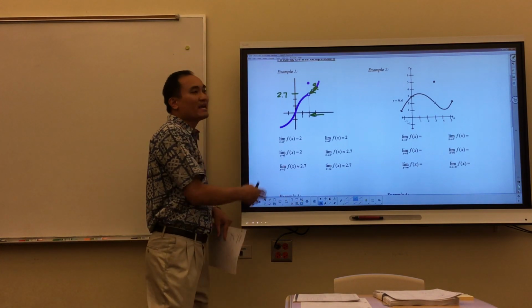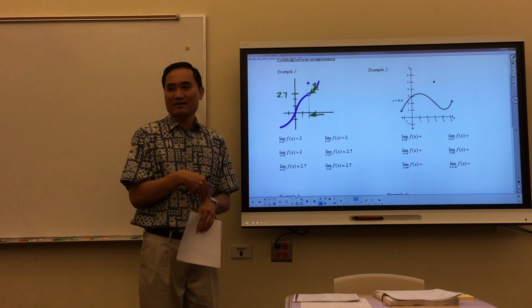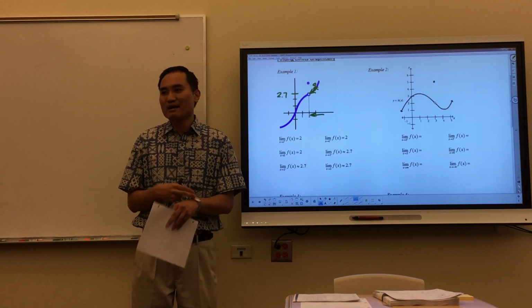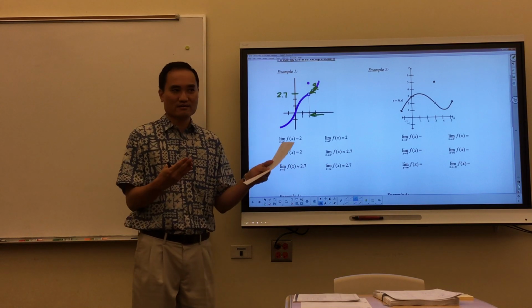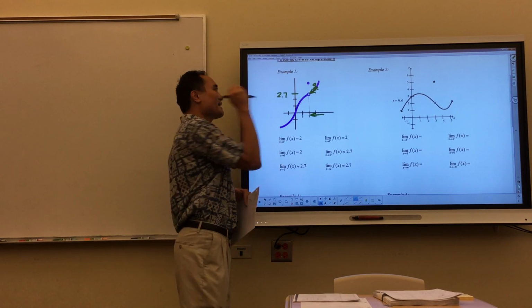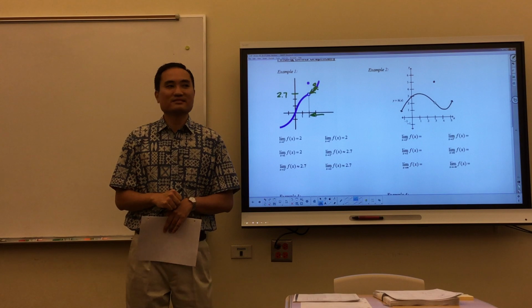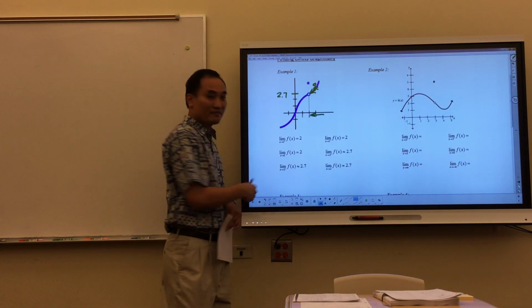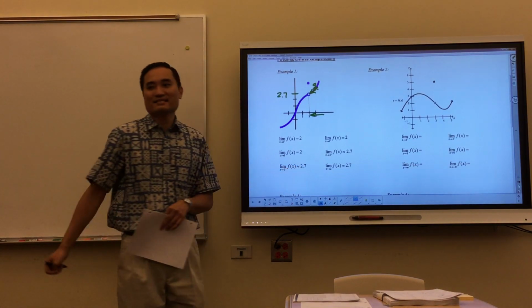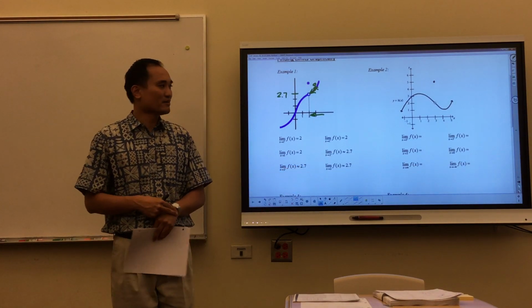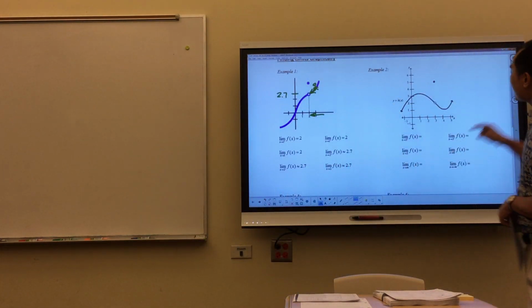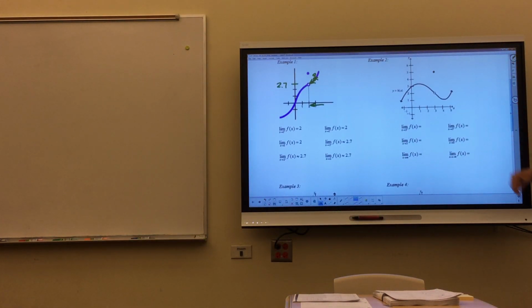We never attain a y value of 2.7. But that's not what the limit is asking for. The limit is asking for what y value we are approaching. So whether or not we actually get to 2.7 doesn't affect the limit. So from the right it's 2.7, from the left it's 2.7, from both sides at the same time will be 2.7. Okay? So with that in mind, we're going to march through the rest of this page pretty quickly.